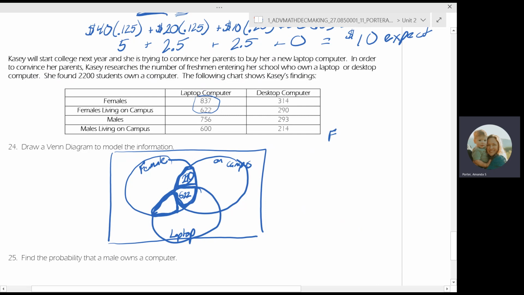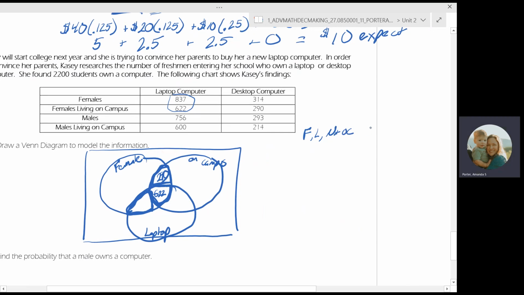So females with a laptop, not on campus, is going to be 837 minus the 622. And that's 215. So I'm going to put that 215 in here.